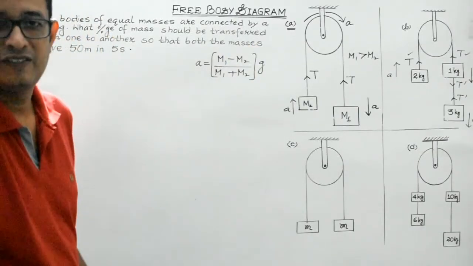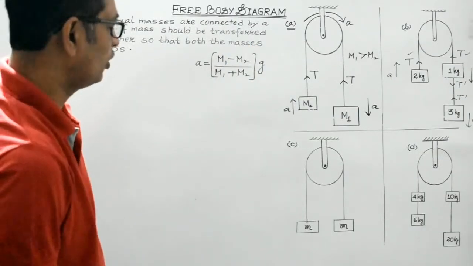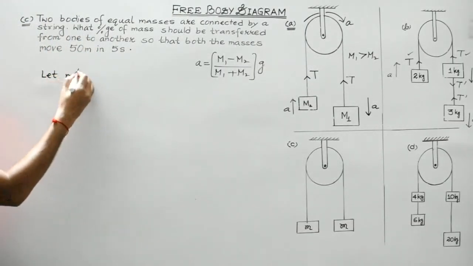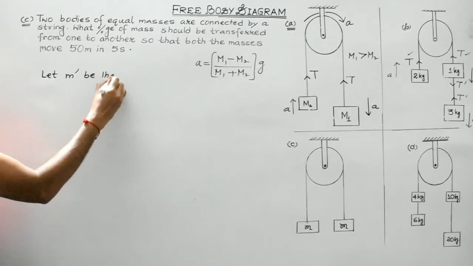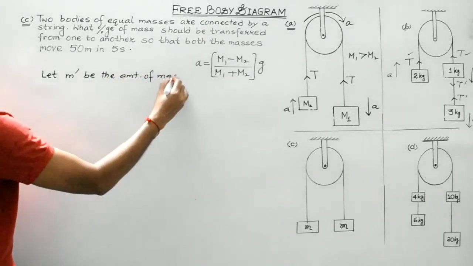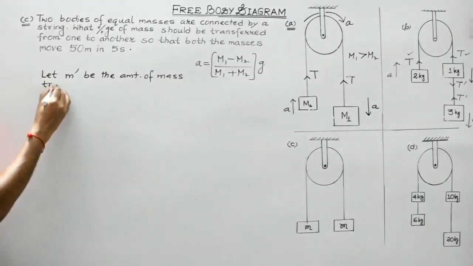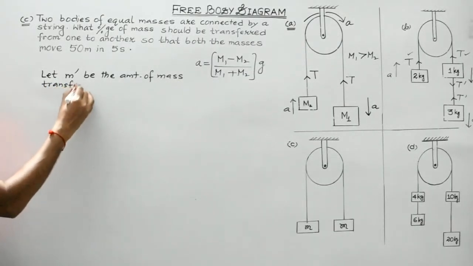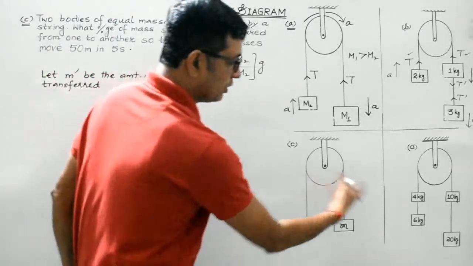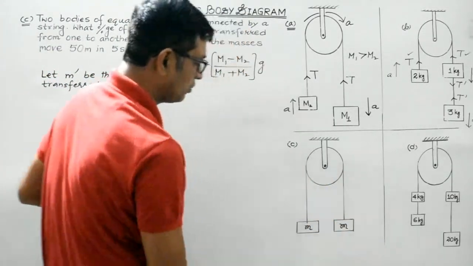This is the formula, let's make use of it. Now also suppose m dash be the amount of mass that is transferred from, say, this body to that body, from one body to another body.